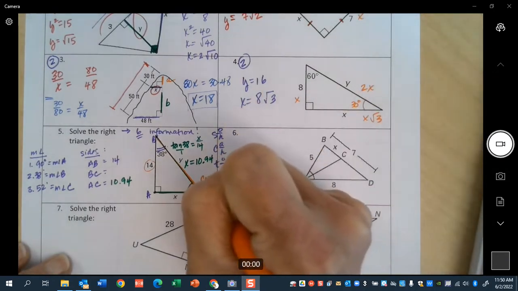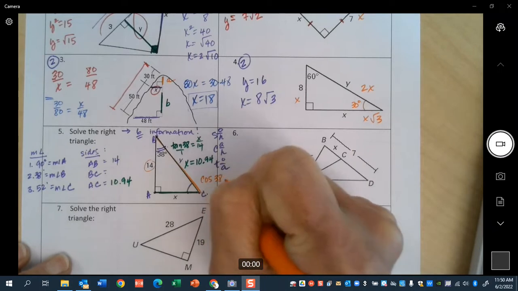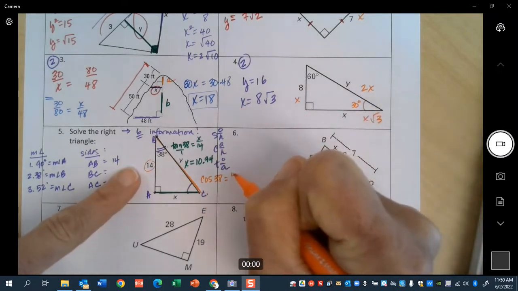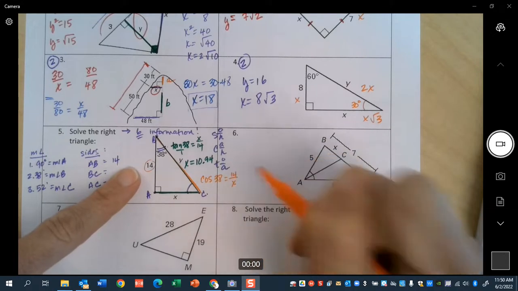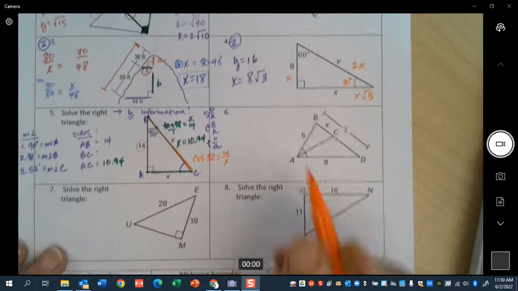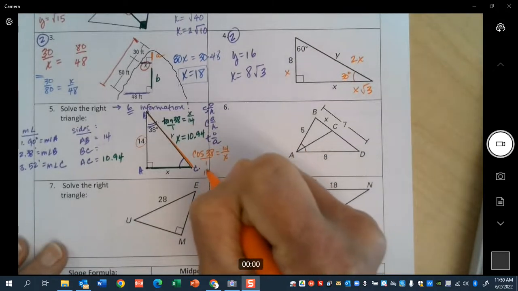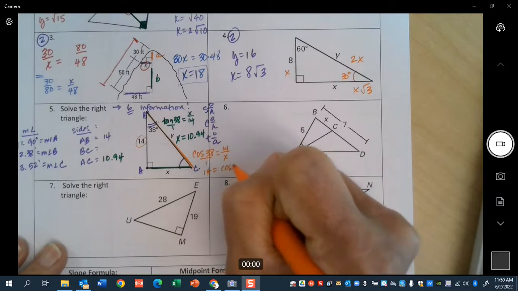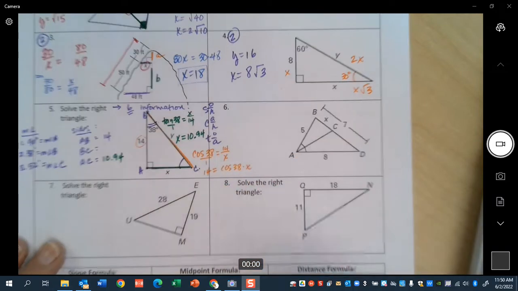The cosine of 38 is going to be equal to my side adjacent over my hypotenuse. So that means that 14 is equal to my cosine of 38 times x.